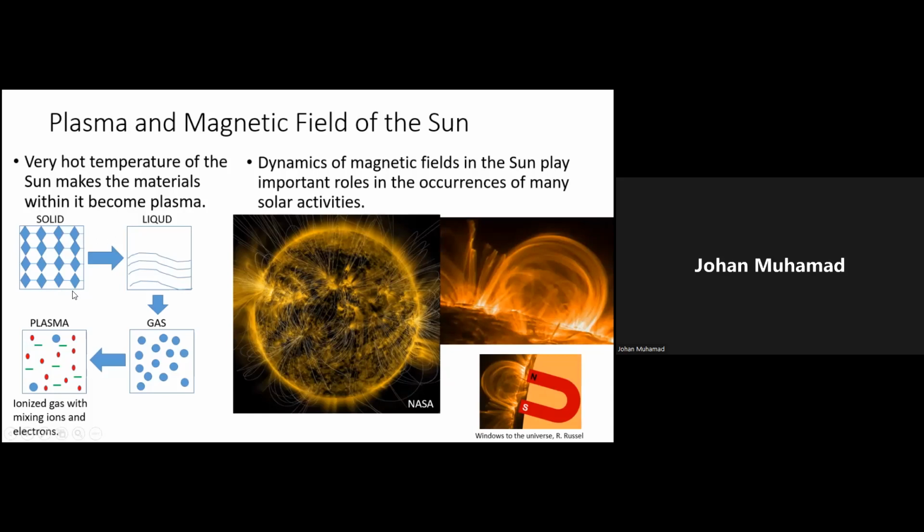The bond is very strong between the molecules or the atoms. And then if we give more temperature and energy to the solid phase, it will turn to liquid, which has a looser bond or interaction between the molecules and the particles there. But if we give more energy and temperature, then this liquid will become a gas.